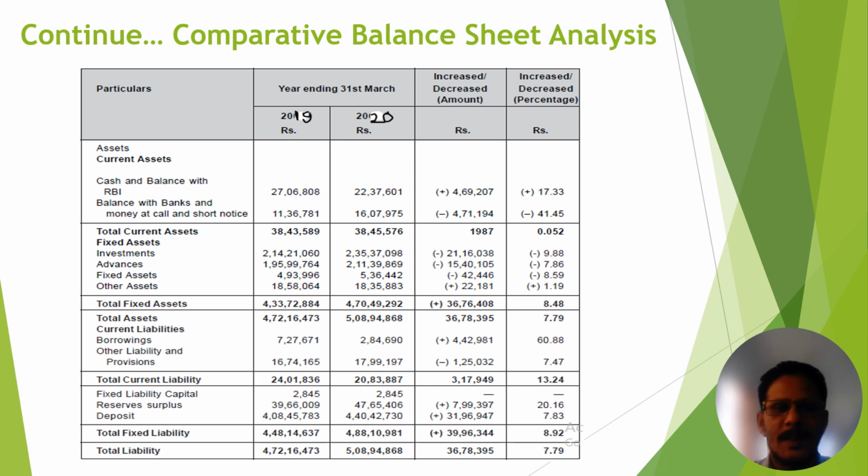Like you can check here, total fixed assets in 2020 we have 4,70,49,292 and in year 2019 you can check here 4,33,72,884. It means we have 470 and in previous year 433.